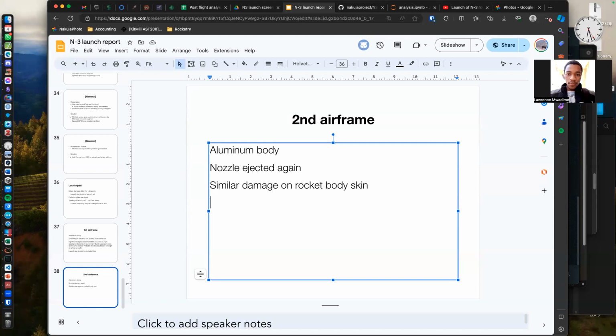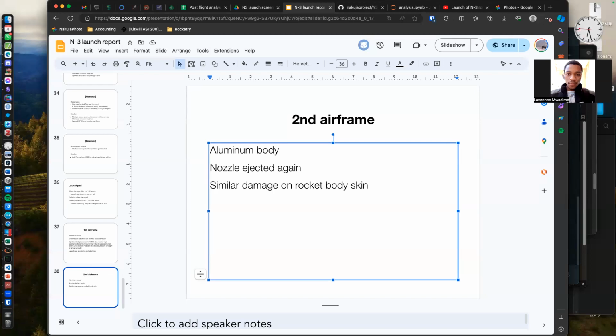The third airframe was our only fiberglass launch, the CFRP. For that one, it was different from the two aluminum rockets, where the nozzle was ejected.